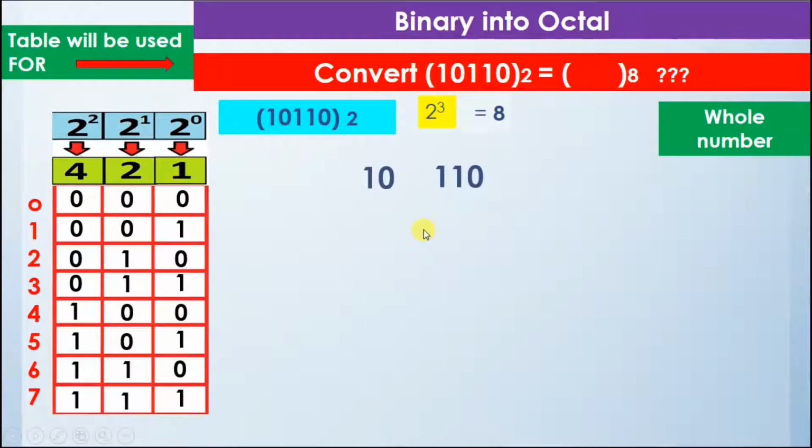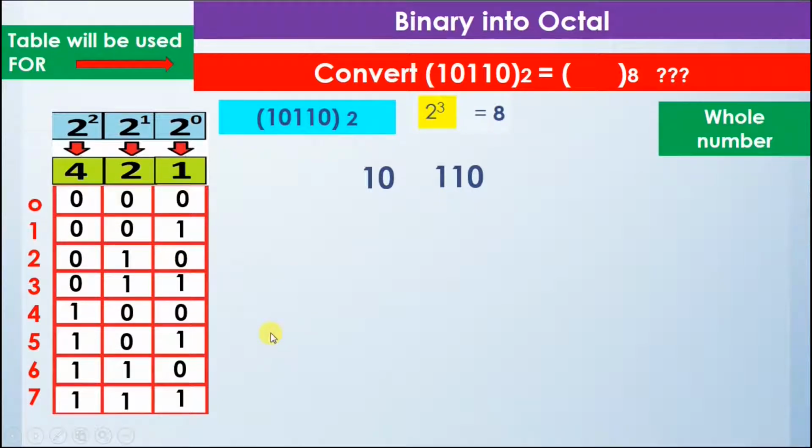Why 3? Because 3 bits are used to represent octal numbers, as you can see in the table. For example, 7 is represented using 3 bits that are 1, 1 and 1. And number 2 is represented using 3 bits that are 0, 1 and 0.